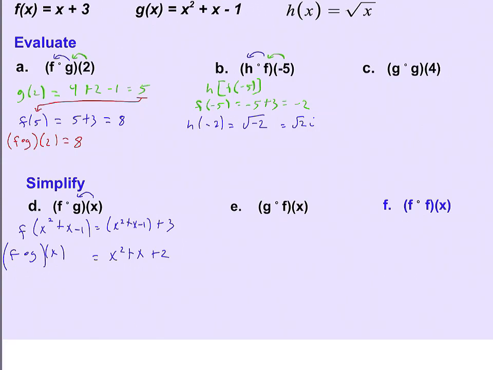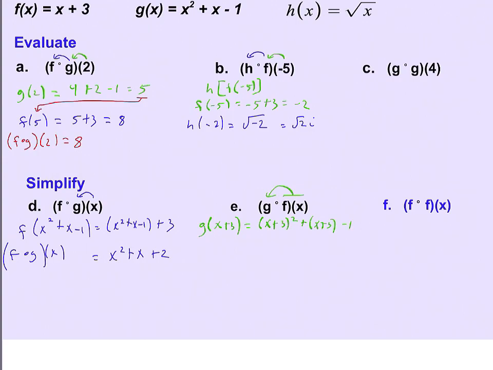It is going to be slightly more complicated the other way, because in this case, I'm taking f of x and plugging it into g, which means I'm looking for g of, well, f of x is x plus 3. So I'm going to need to take that x plus 3 and plug it in to x squared plus x minus 1.